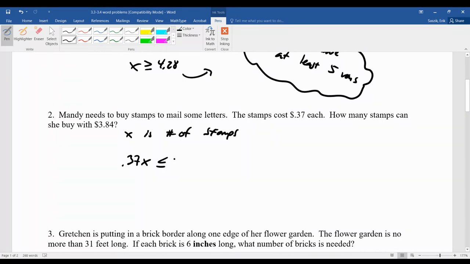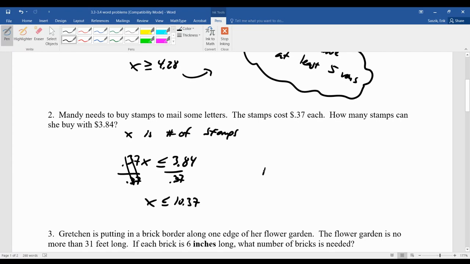You can't spend more money than you have, so it has to be less than or equal to. That's supposed to be a decimal. So we get x is less than or equal to 10.37.